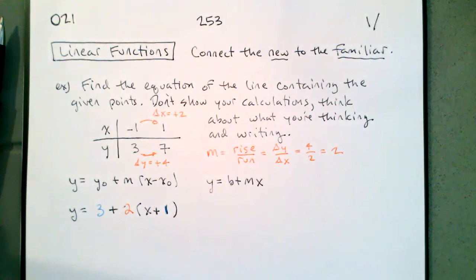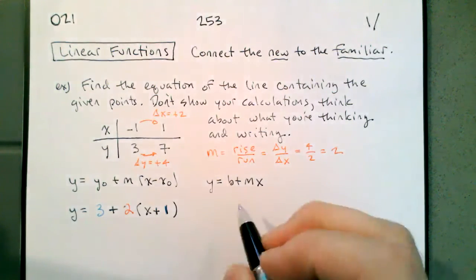Now, some of you are really concerned with what's going on at 0. And so you're going to want to write your equation in slope-intercept form. And some of you, weirdly, are going to want to know which direction to go before you know where to start. So you're going to write y equals mx plus b instead of b plus mx. That's weird, but you do you. So what we can do here to solve for the b is just plug in one of the points and figure out what the b is.